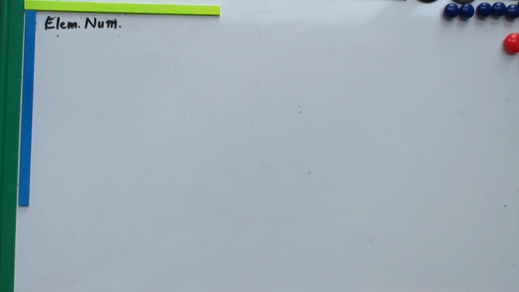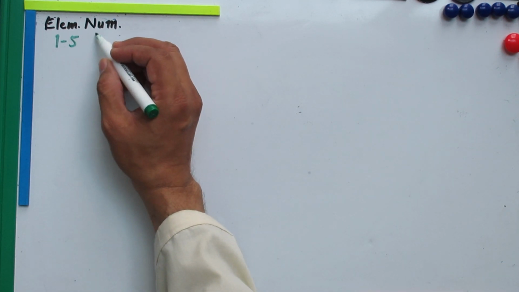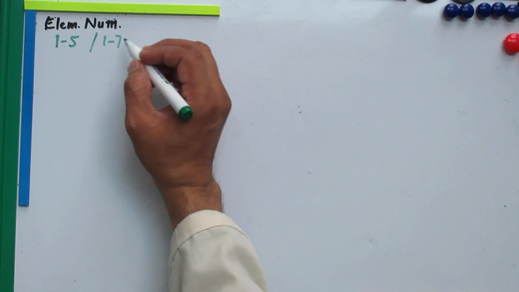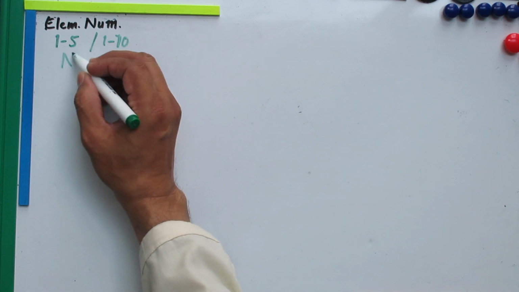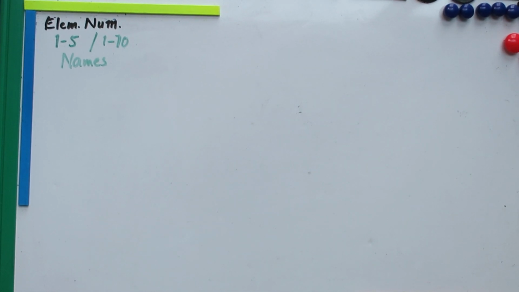Let's step back. Since we are saying these are 2, these are 3, these are 4, we have to put these names into poems, from 1 to 5 and later from 1 to 10, so they remember the names 1, 2, 3. There are so many poems you can find around.